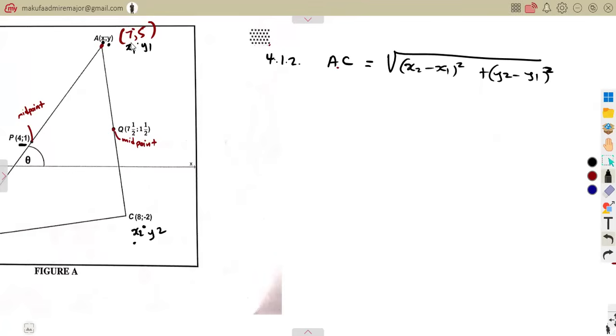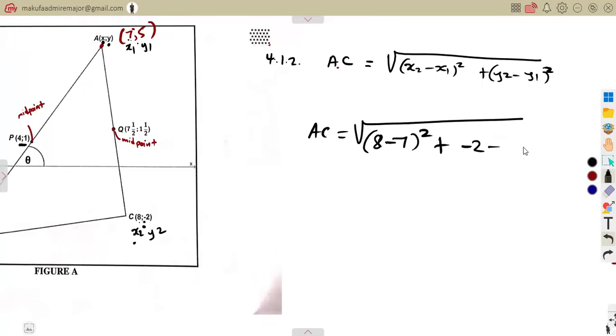So AC is going to be the square root of (8 minus 7) squared, x2 being 8, plus (y2 minus y1), that's minus 2 minus 5, squared. Just like that. You can even use the other way, still one and the same thing.